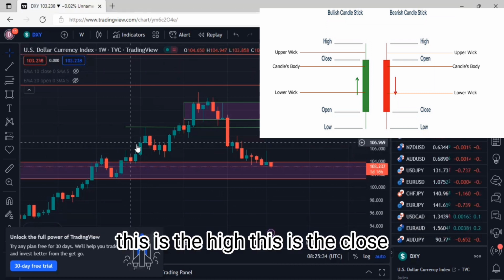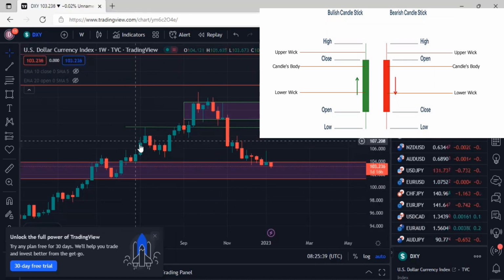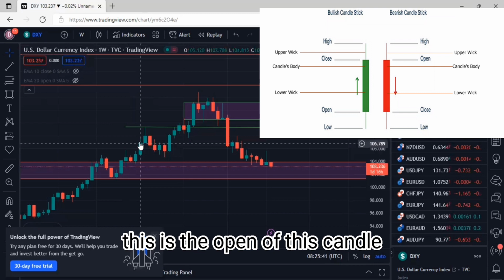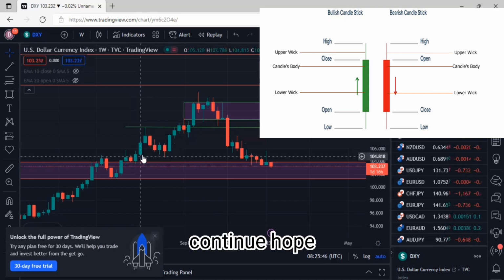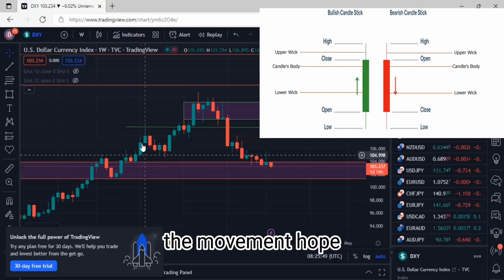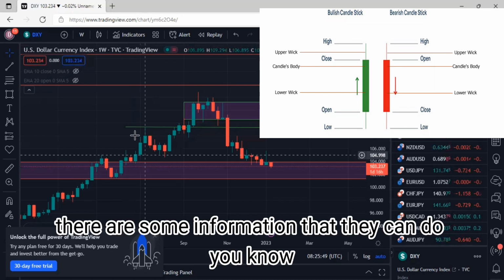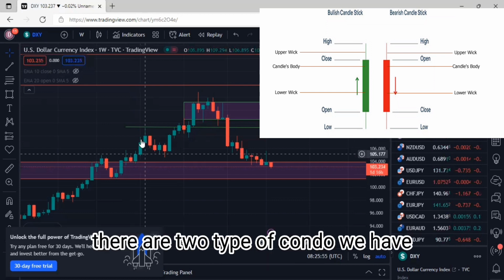This is the high, this is the close. This is the open of this candle, and it has gone as low as this place before continuing the movement up.